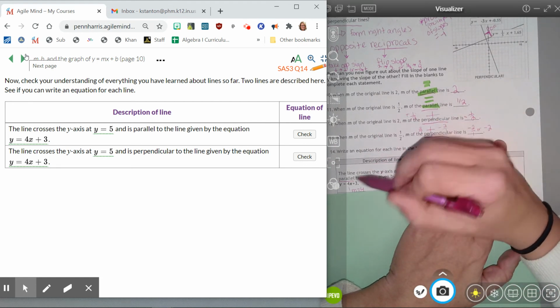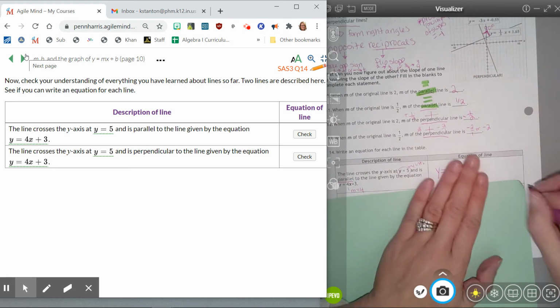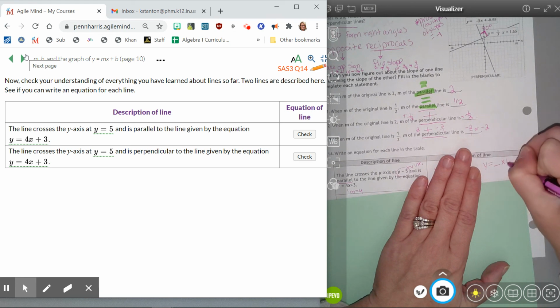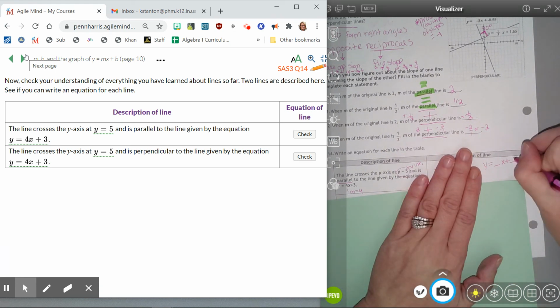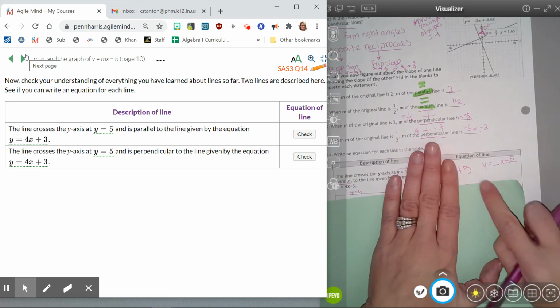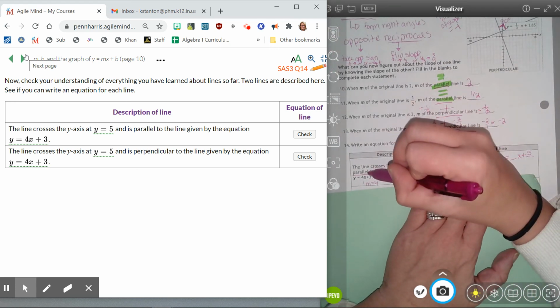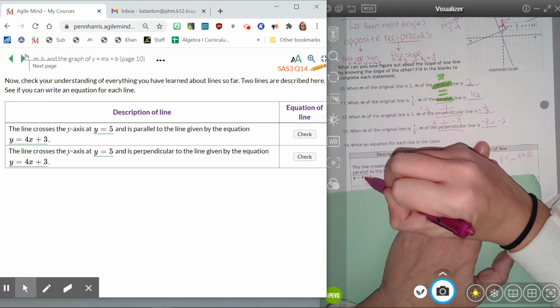So the first thing I know on this is that I'm going to say y equals something x plus something. Well, they just told us the y-intercept is 5, so I can throw that 5 out there. And you can see I did that here too. Now, they said parallel to this line. Parallel means equal. So if the m is 4 here, the 4 in my problem will also be equal.